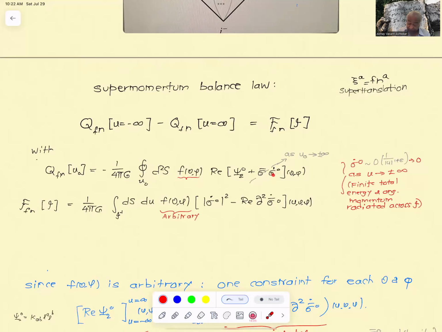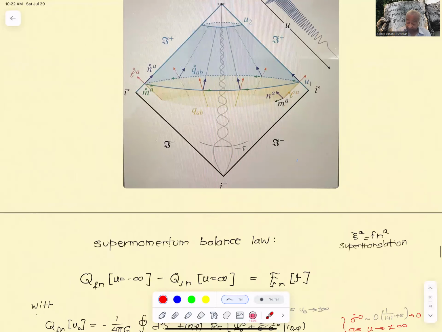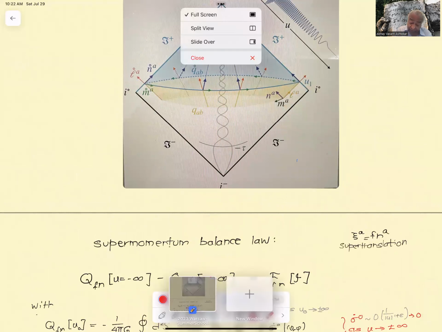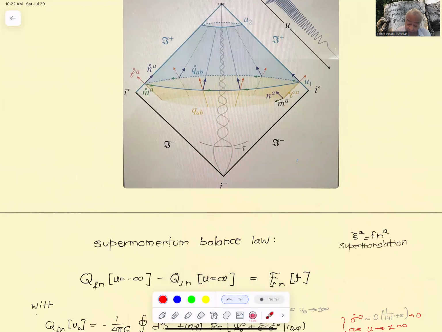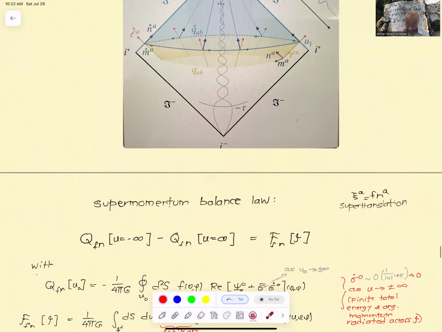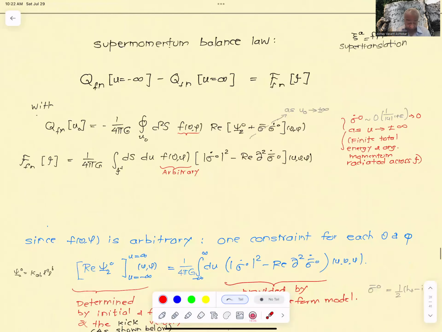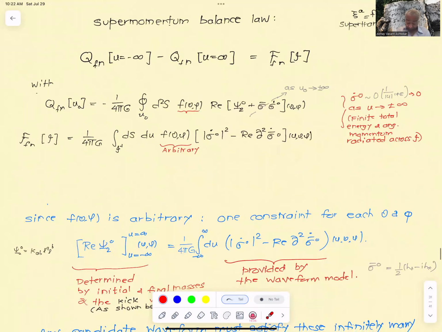So sigma dot is going to 0, and this term isn't here. So I'm just left with psi 2 up here. I'm looking at the integral of psi 2 in the past limit and the integral of psi 2 in the future limit, and I can evaluate it in any conformal frame. Typically one often uses just a given Bondi frame.